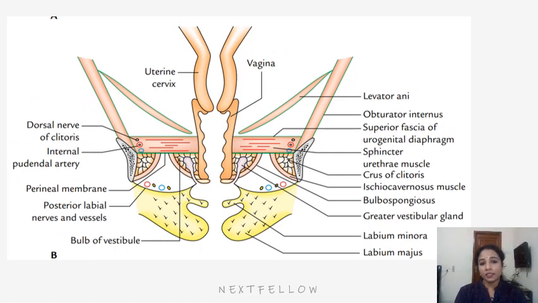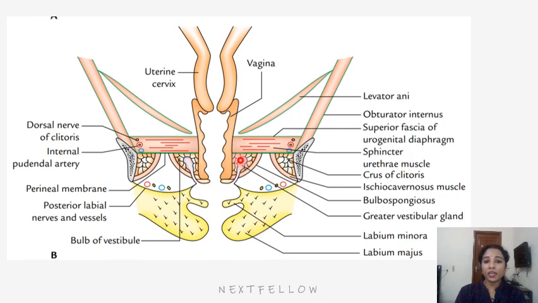Let's see the contents in females. Here is the coronal section of the urogenital region showing the contents of the superficial perineal pouch in females, and the crura of clitoris covered by ischiocavernosus present on each side, and the superficial transverse perineal muscle and perineal body, and part of the round ligament of uterus.